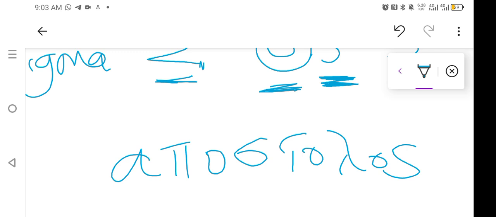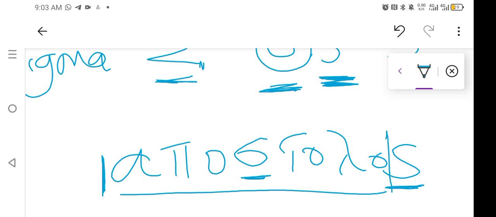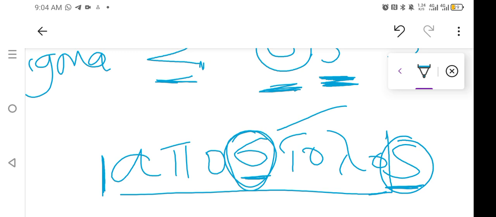There's a sigma here and a sigma at the end. If the sigma appears anywhere from the first letter to before the last letter, they're going to use this sigma. Then if the last letter in the word is a sigma, we use this sigma, what we call the final sigma. This is how the word apostle appears in the Greek, apostolos.